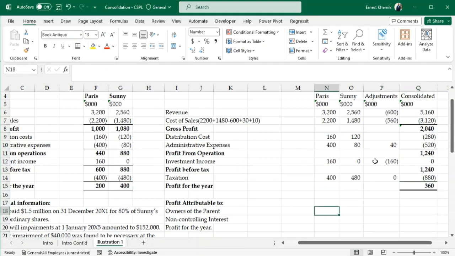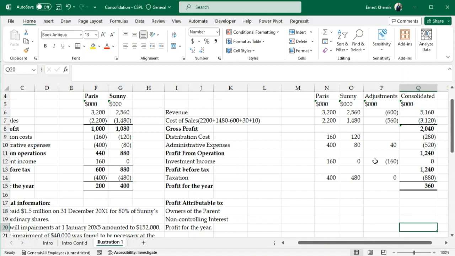Then what we are going to do is that we are going to split this particular profit of the parent between the owners of the parent, which is Paris, and the non-controlling interest. All right, so what do we have here?